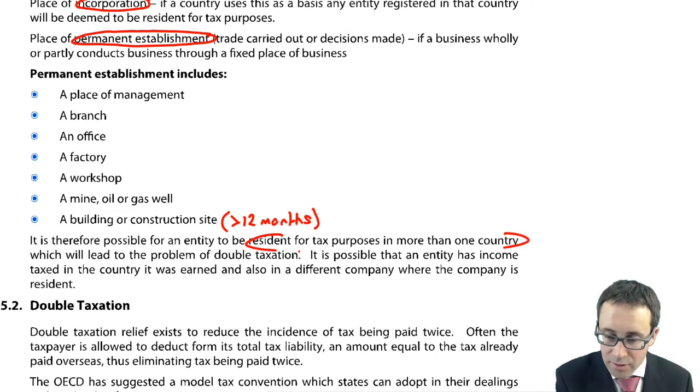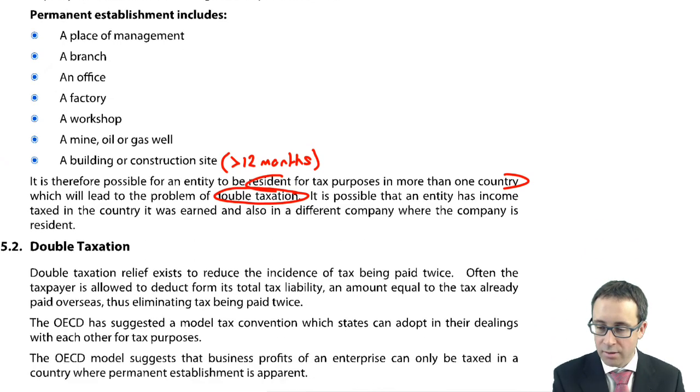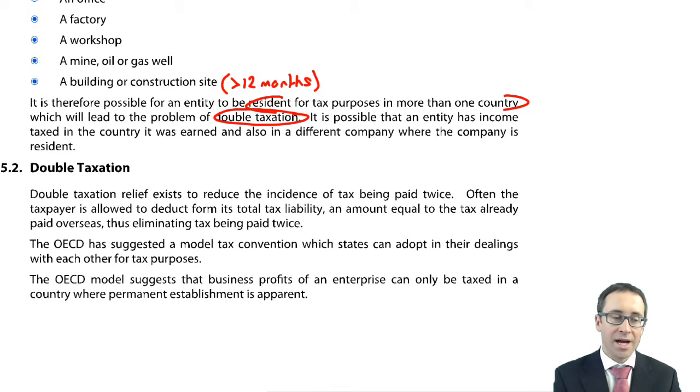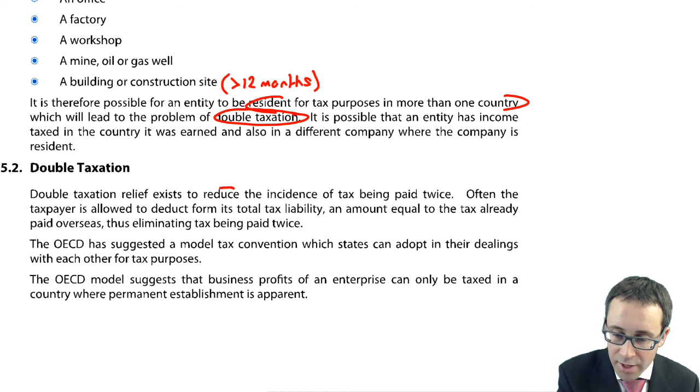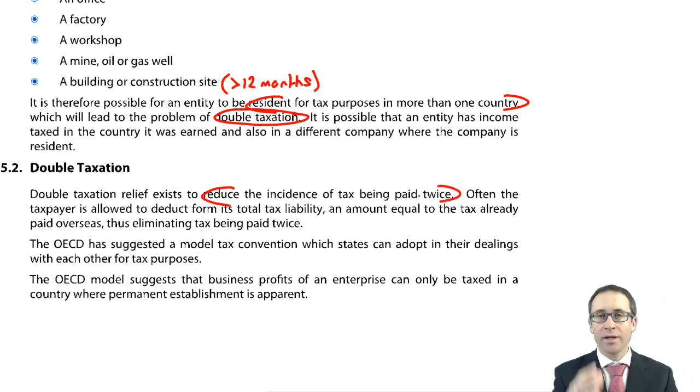Which gives you the issue of double tax. But what can happen there is, with regards to double tax, you can get relief in one country for where you have already paid the tax. Double tax relief essentially is whereby you reduce the incidence of tax being paid twice.